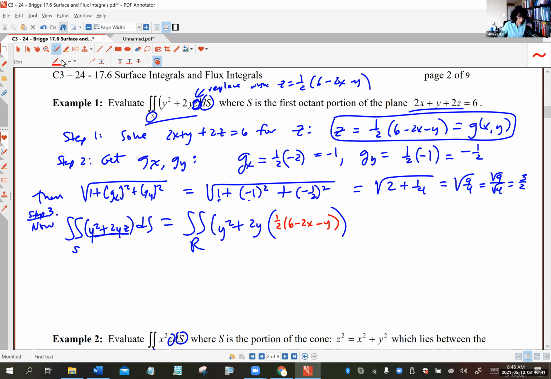And then we have the dS. This dS here gets replaced with, oh, not too bad, 3/2 dA.